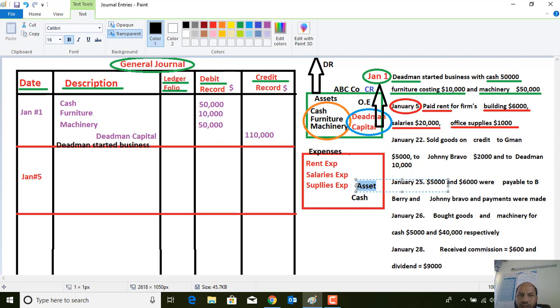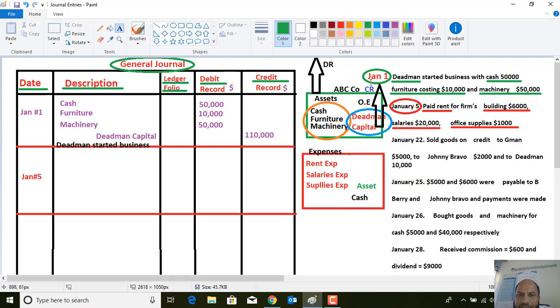So we may say that in this business the expense accounts, which are these three, rent, salaries and supplies, have all been increased, but at the same time the cash account has been decreased.